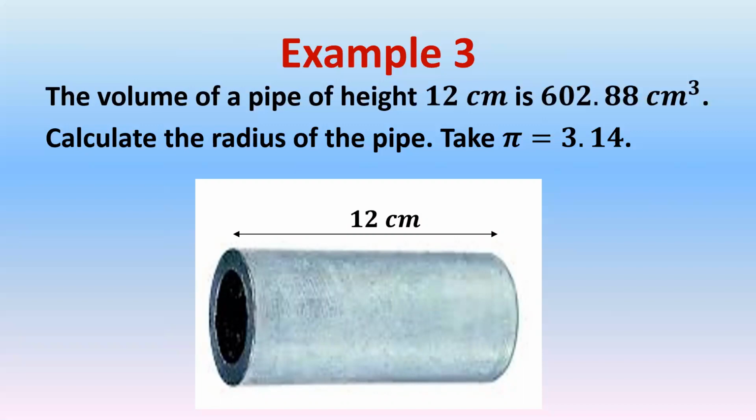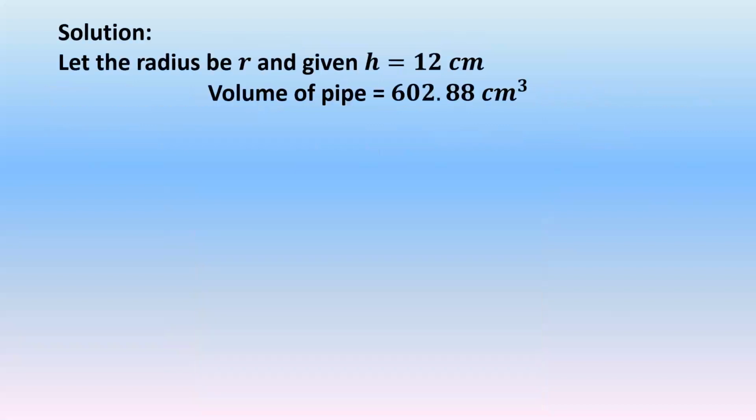You will notice that we need to calculate radius. So let radius be r, and given h is equal to 12 centimeters. We write down the equation volume of pipe is equal to 602.88. We write down the formula.